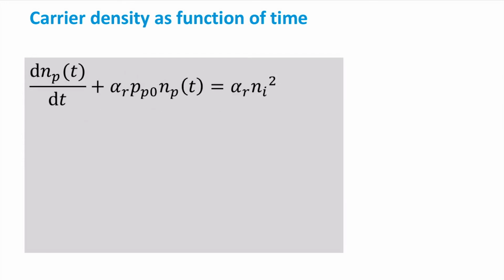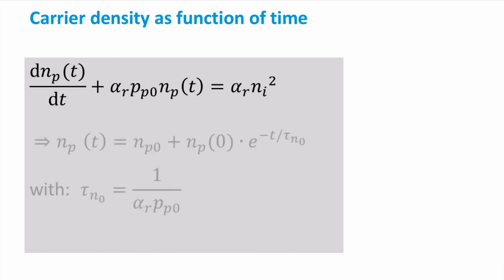This differential equation can be readily solved, and we find an exponential relationship of the electron concentration as a function of time. I invite you to work this solution out yourself. Here, tau is the lifetime of the carriers. Note that this lifetime is dependent on the thermal equilibrium concentration of majority carriers, holes in this case.